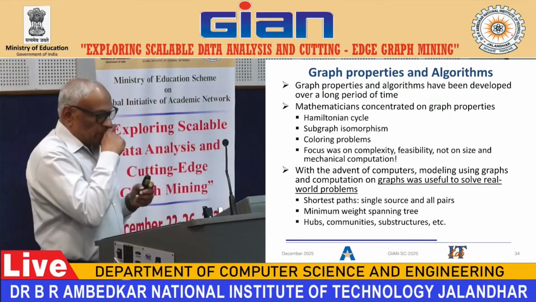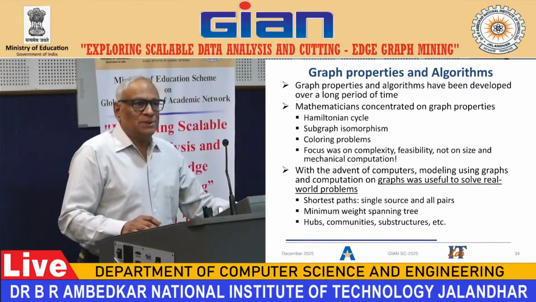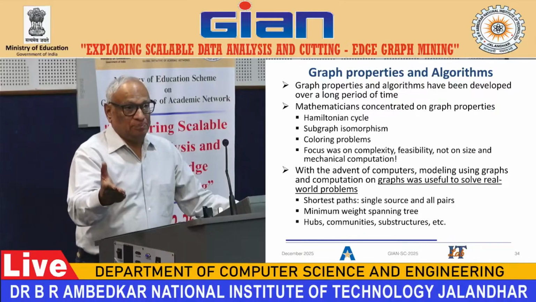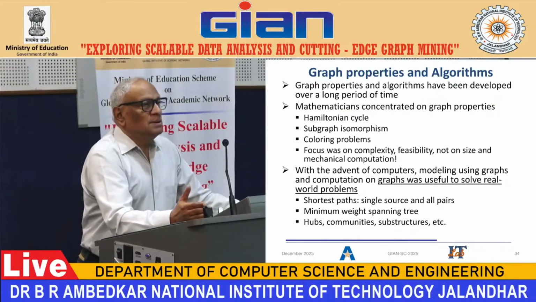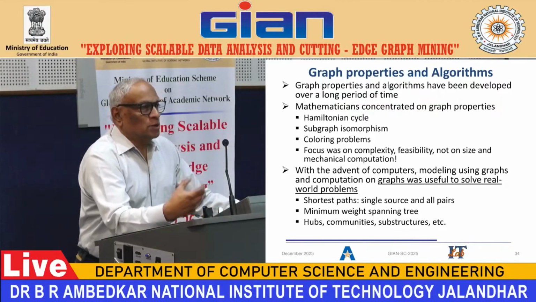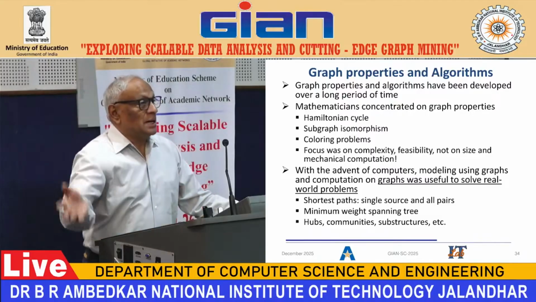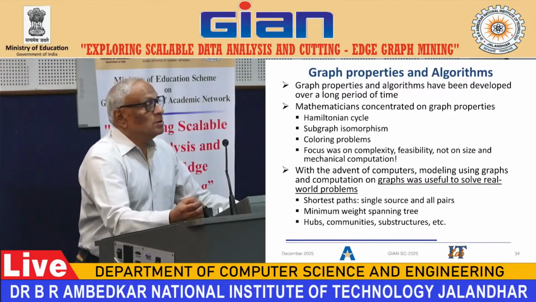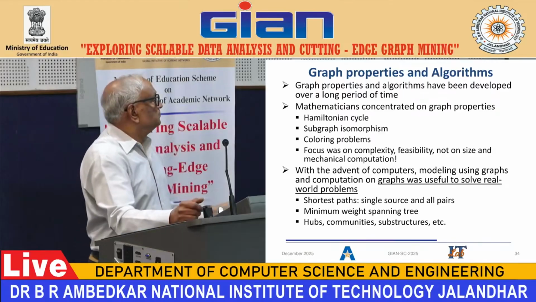I think this is what you need to understand: what was being done earlier theoretically and what is being done now computationally. They did not have access to powerful machines, so they could not go beyond small problems, but they have done a lot of work which we are still relying on. What we are now doing is to develop more efficient algorithms for the same things they have done.